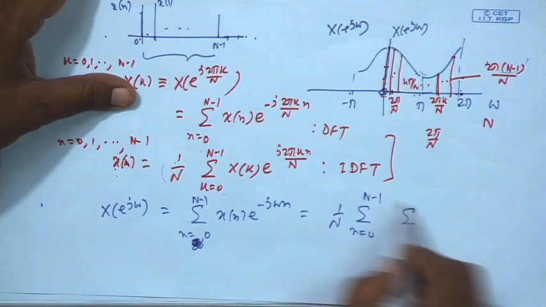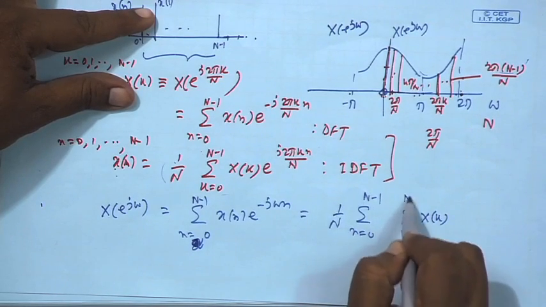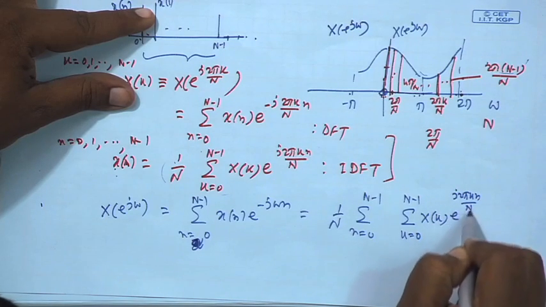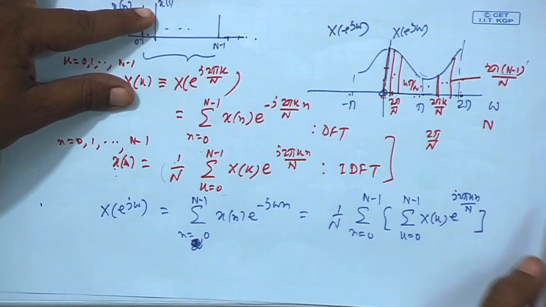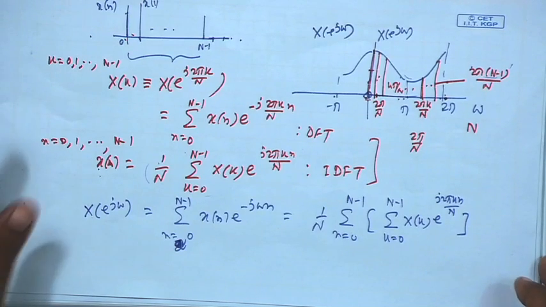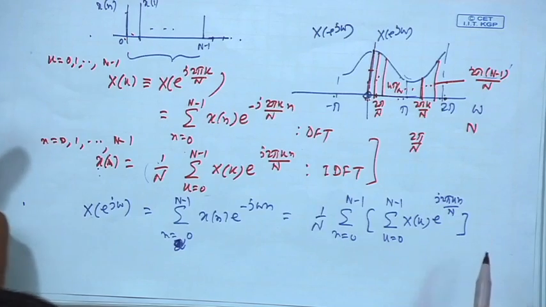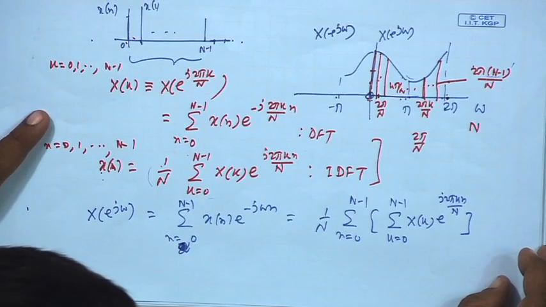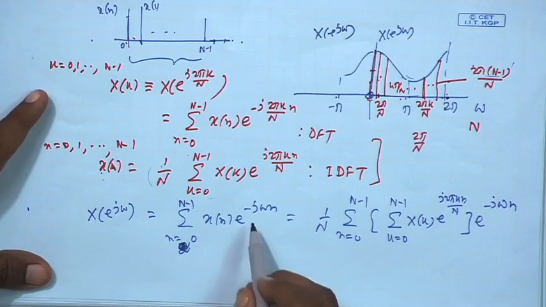So, we have got X k, this much is x n into... now, okay.